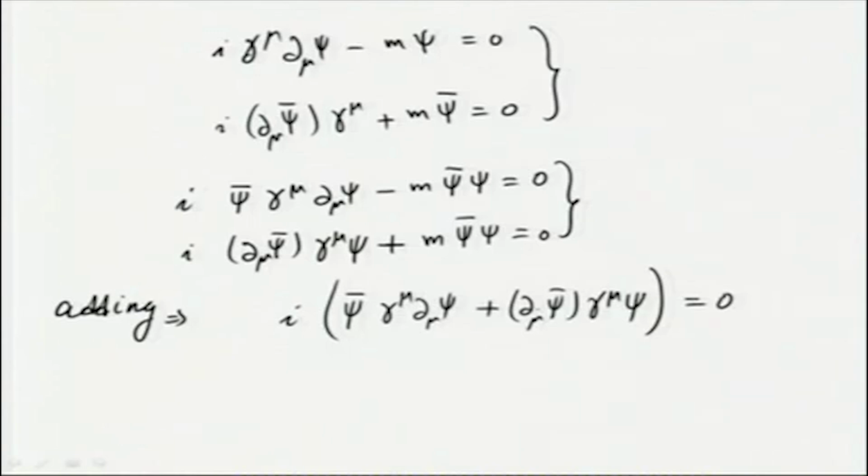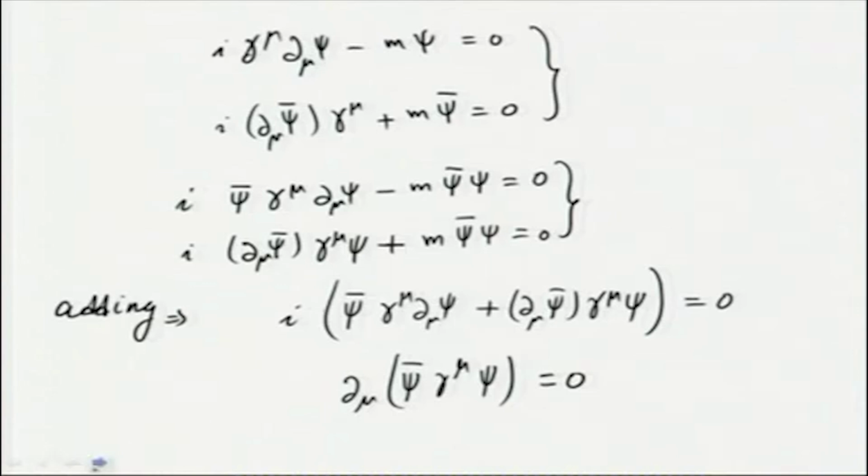Since gamma mu is a constant as far as the spatial coordinate and time coordinate is considered, the derivative will not act on that. So, we can actually write this as the total derivative acting on psi bar gamma mu psi. So, this is the divergence of psi bar gamma mu psi, which is equal to 0.